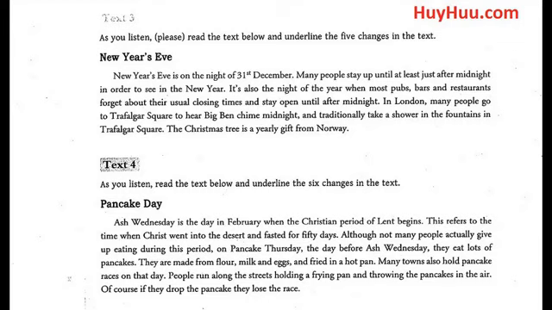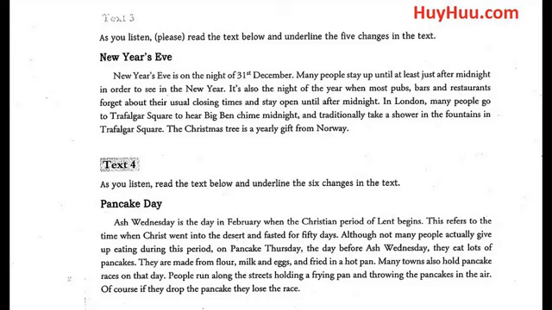Pancake Day. Ash Wednesday is the day in February when the Christian period of Lent begins. This refers to the time when Christ went into the desert and fasted for 40 days. Although not many people give up eating during this period, on Pancake Tuesday, the day before Ash Wednesday, they eat lots of pancakes.